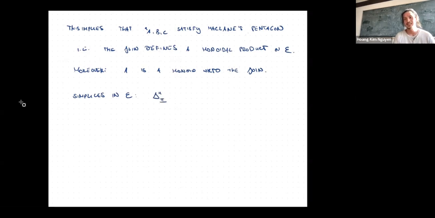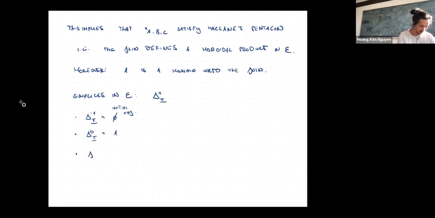So really saying that it comes from the interval, but I'll drop this soon enough. In any case, you can define delta minus 1 to be the initial object, and delta 0 to be the terminal object.